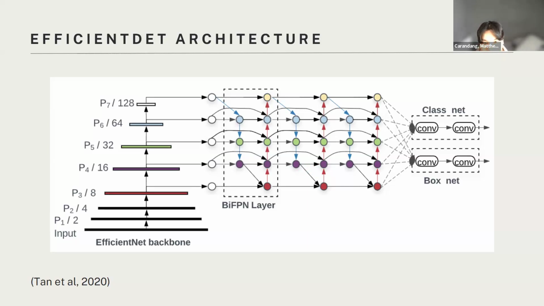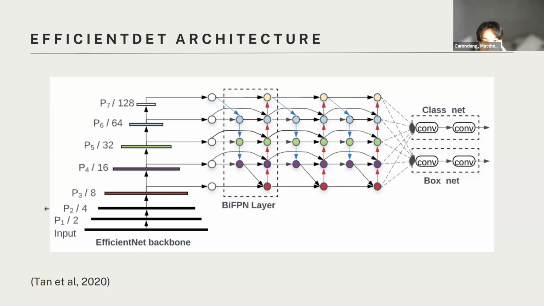Plus, it also has skip connections, which go from the original backbone directly to the fusion layers, which is right here. This allows for much richer and faster feature mixing, so they're basically mixing different features from different layers.